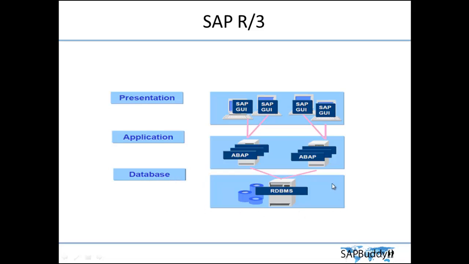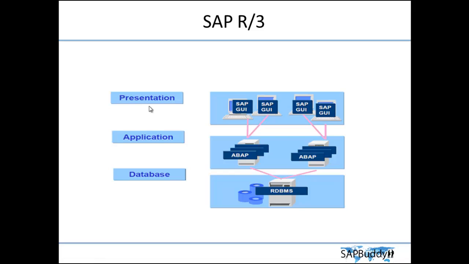Almost all the most popular RDBMS relational databases are supported by SAP, like Oracle, Microsoft SQL, DB2, and Informix. The most commonly used is Oracle. So this is the SAP R/3 architecture.